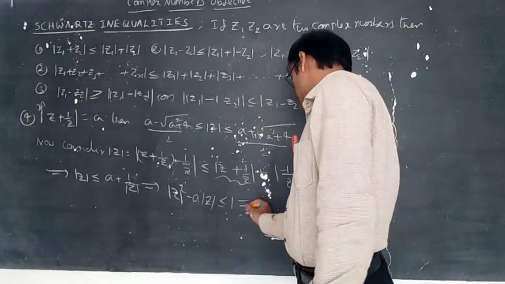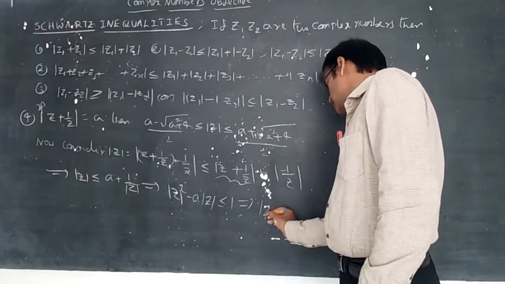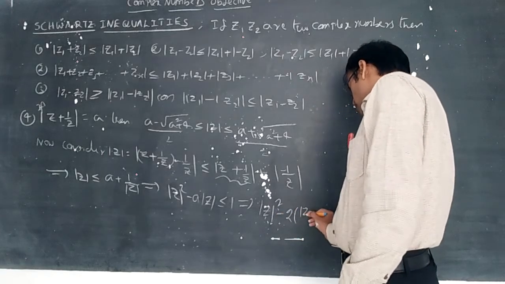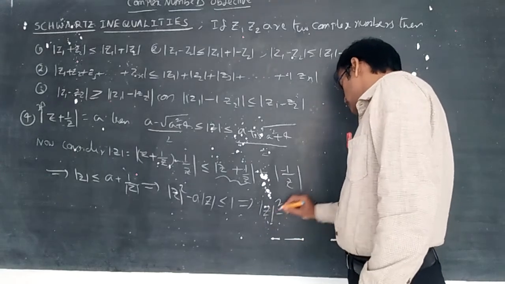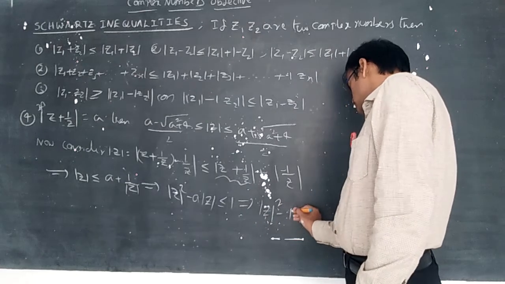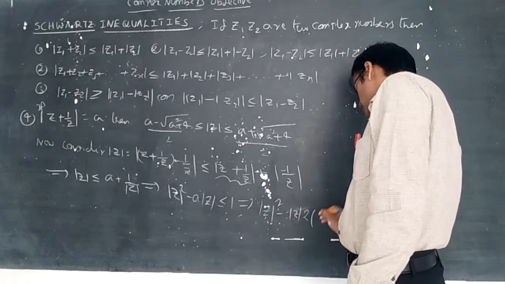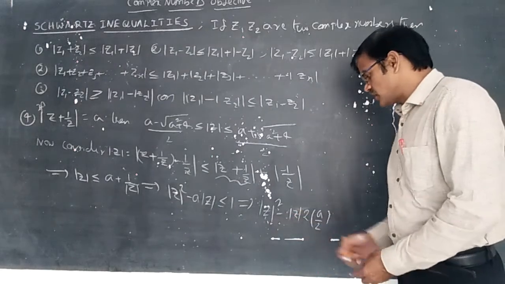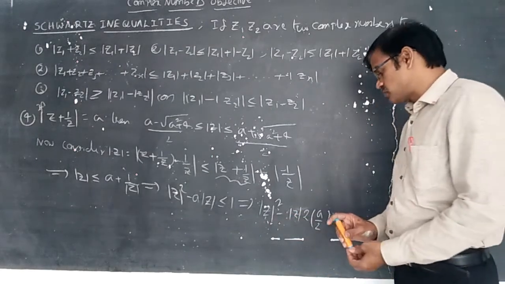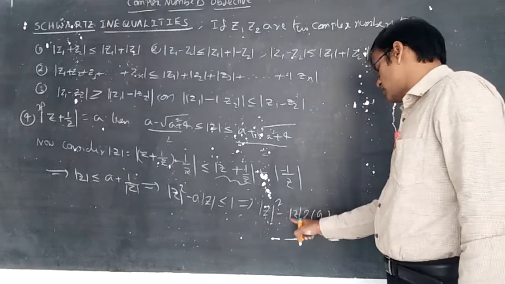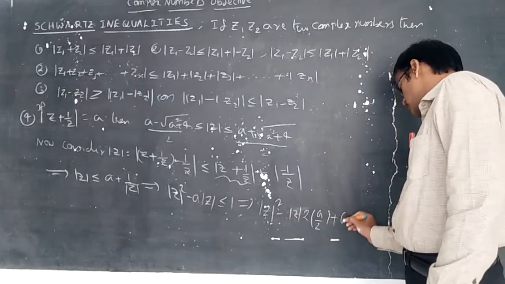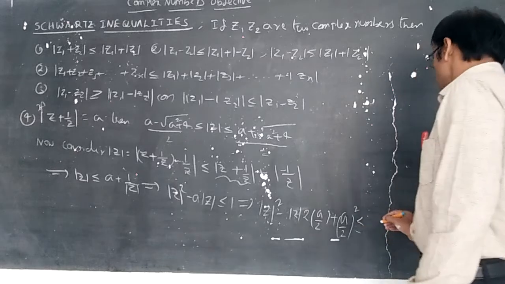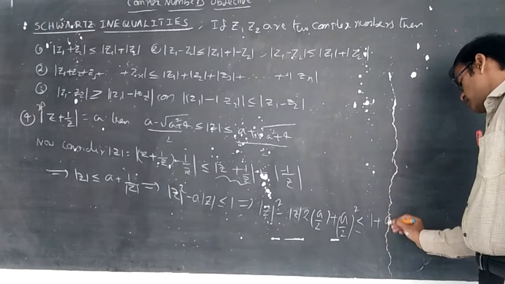Now we can write mod Z square minus 2 into mod Z into A by 2. What is happening? We are writing the value in the form of a minus b whole square. So modulus of Z square minus Z into 2 into A by 2 plus A by 2 whole square is less than or equal to 1 plus A by 2 whole square.